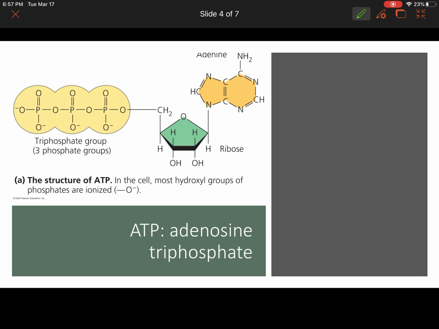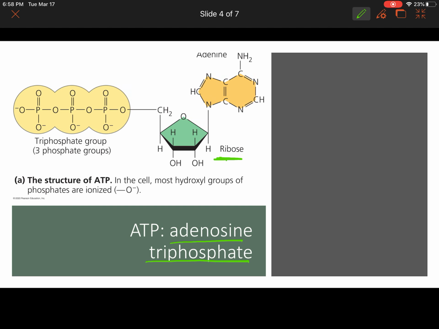Well, cells will oftentimes use ATP as the source of cellular energy. So ATP stands for adenosine triphosphate. Notice this looks very similar to a nucleotide. It's the ribose nucleotide, so this is very similar to the A that is in RNA.